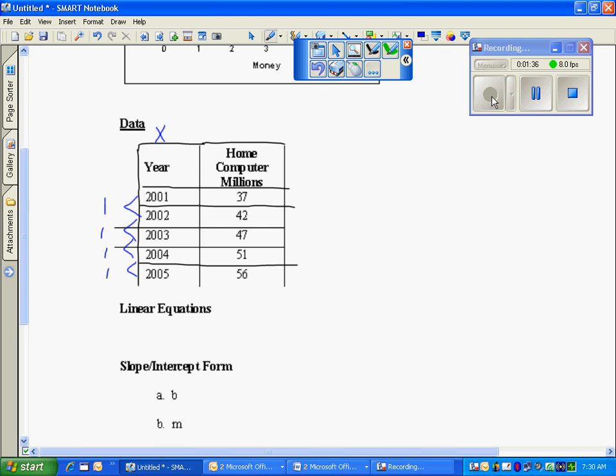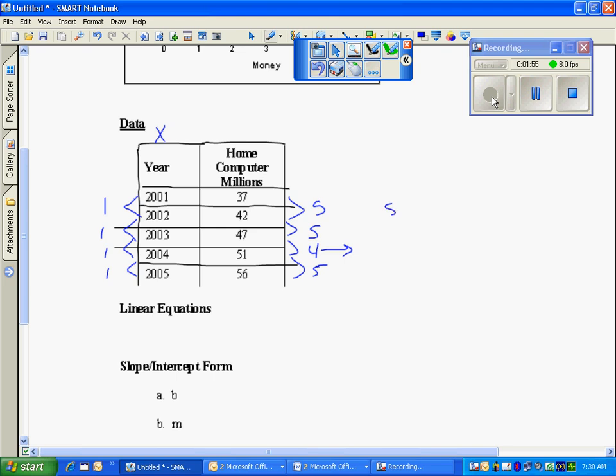On the millions of computers, I'm going up by 5 million. Here I'm going up by 5 million. Here I'm only going up by 4, but here I'm going up by 5 again. We do have a little difference, but if this was real-world data, it would be somewhat linear. It's fairly constant in its increase.